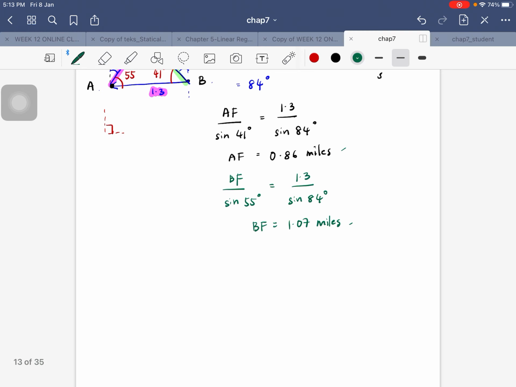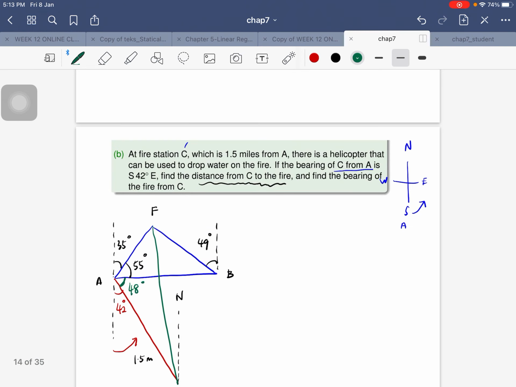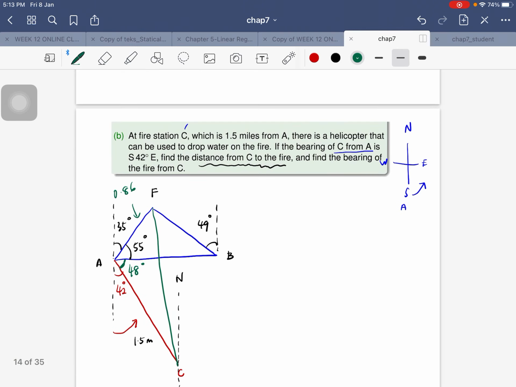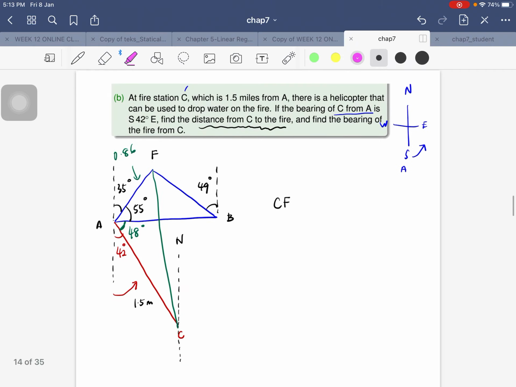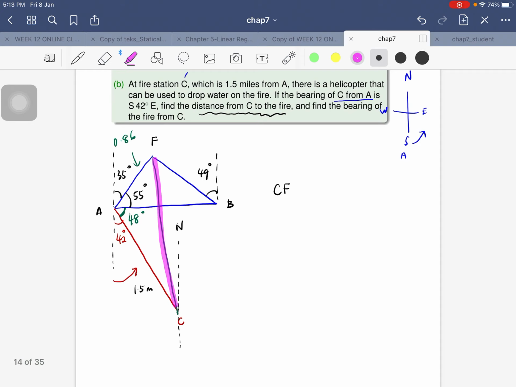Yeah, we have information from A to F. We know that A to F is going to be 0.86 miles. So here this is going to be 0.86. That is the information that we had. So basically from here, can we find the length already? Yep, now we already have enough information in order to find CF. Because here, this is going to be our CF.